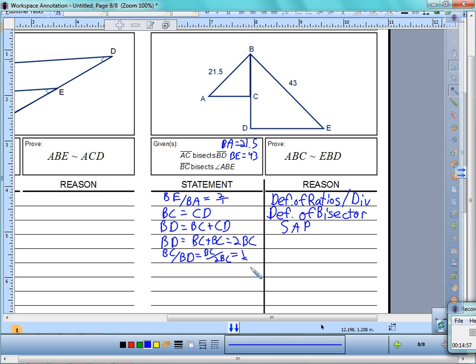And I can correct my mistake here by just saying then that the ratio BD to BC is equal to 2/1. So let's look here. This was substitution. And here I have the same thing, definition of ratios. And then this is just division, reciprocal.